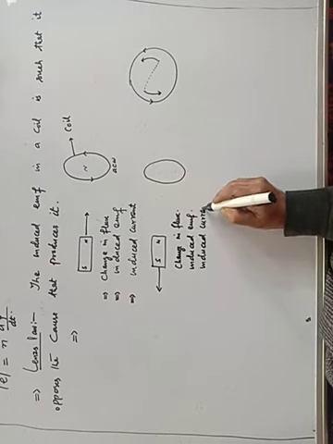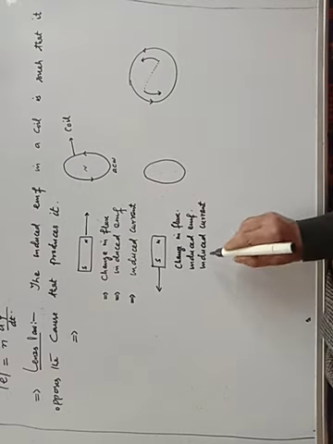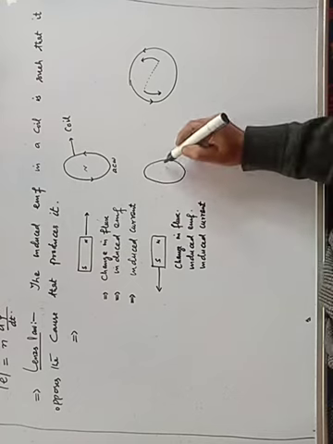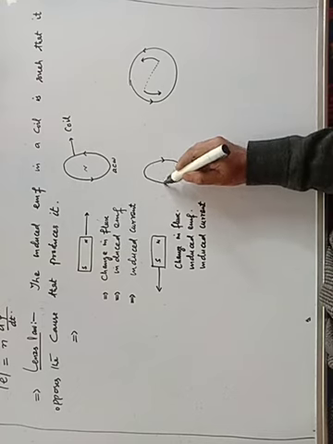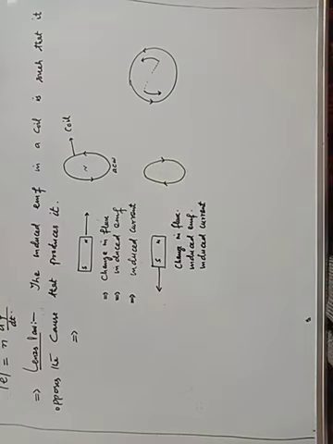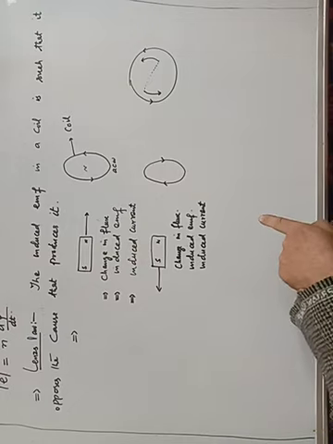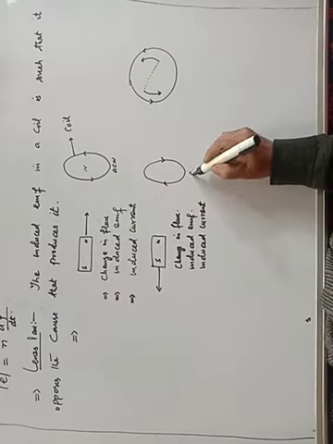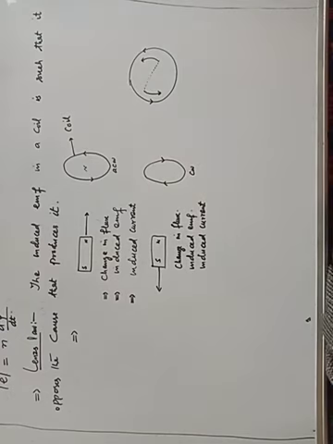So when there is induced current, what will be the direction? The direction will be, in this case, clockwise, because in the first case there is an increase in the flux, but here it is a decrease in the flux. So here the current will be in the clockwise direction, right?